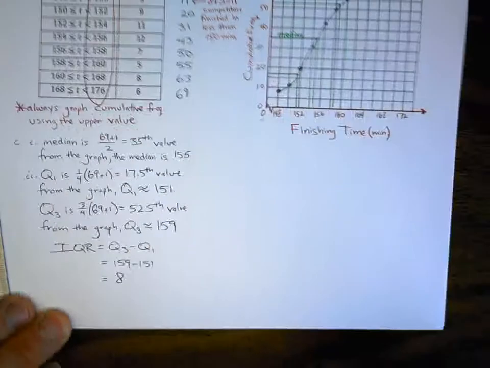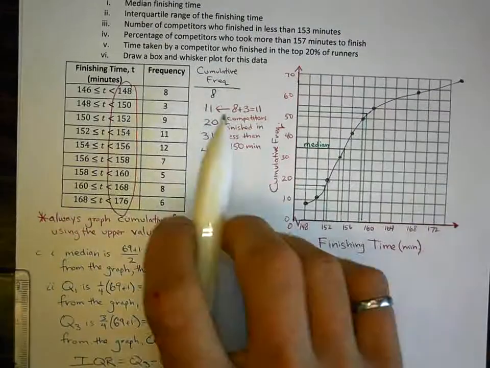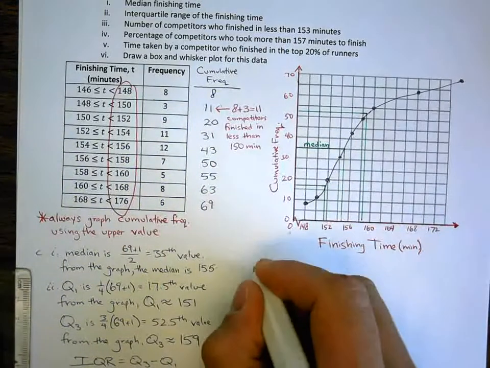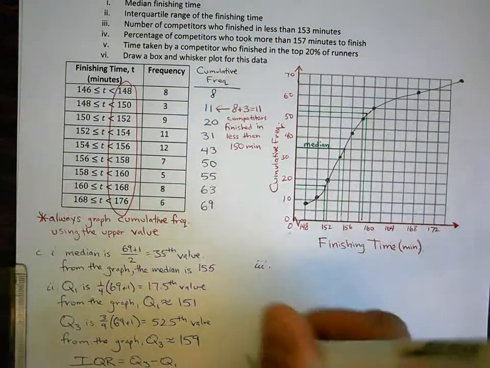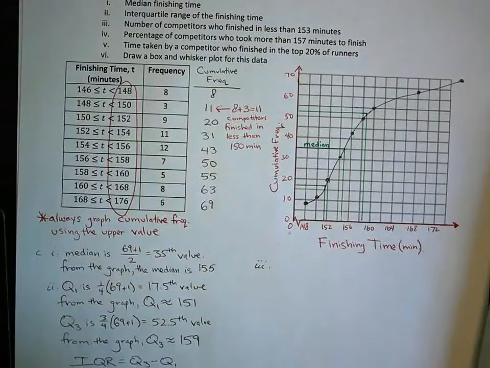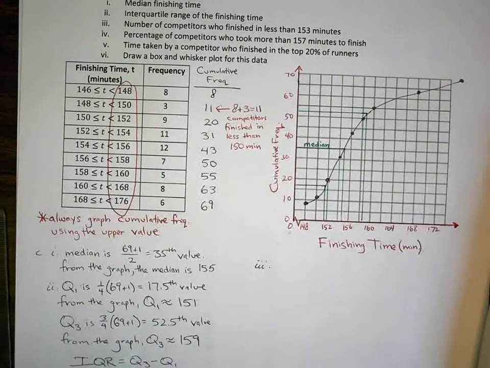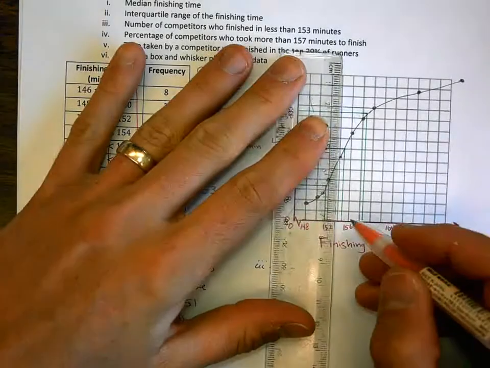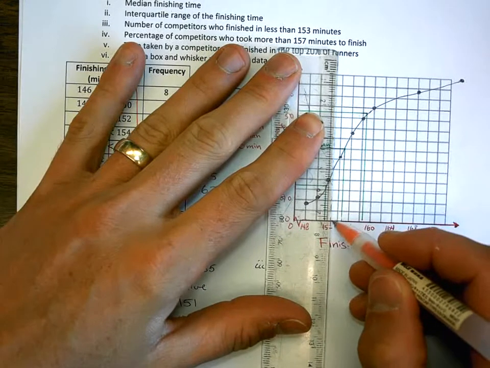Okay, number 3. Let's continue along here. The number of competitors who finished in less than 153 minutes. Just going to get a different color here. So now we're going to go backwards this time. Here's 152, 154, so 153 is somewhere here.